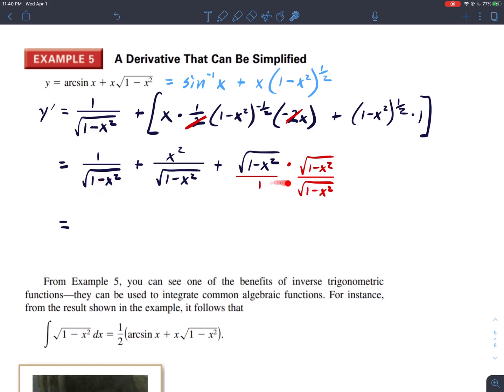And so it's 1 plus x squared plus, well, the product of square root 1 minus x squared times square root 1 minus x squared is 1 minus x squared, all over that denominator, square root 1 minus x squared. So if I go a little further, 1 plus 1 is 2. The x squareds cancel.